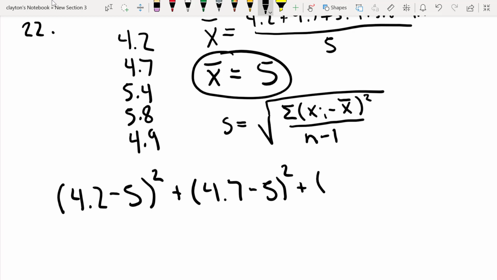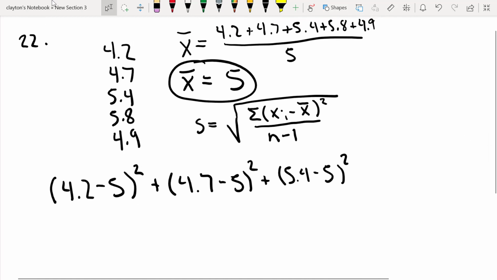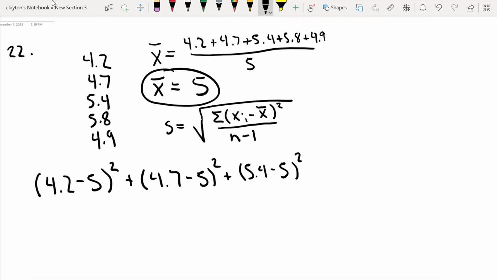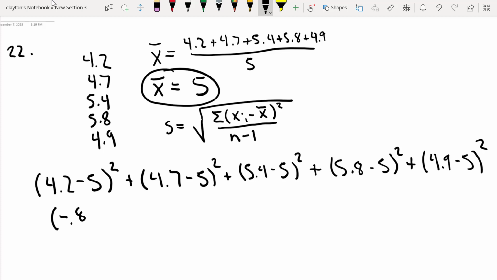Plus 5.4 minus 5 squared, plus 5.8 minus 5 squared, and finally 4.9 minus 5 squared. So we'll do all these first. I'm just going to simplify. This is negative 0.8 squared plus negative 0.3.